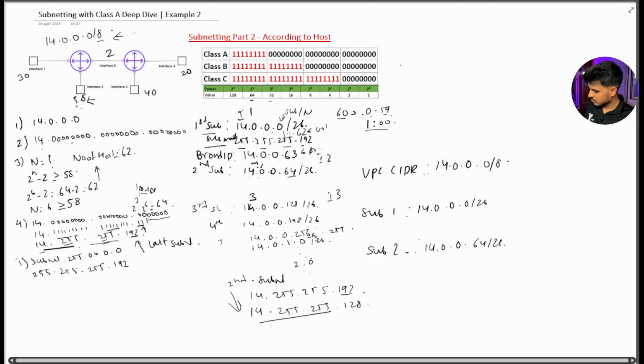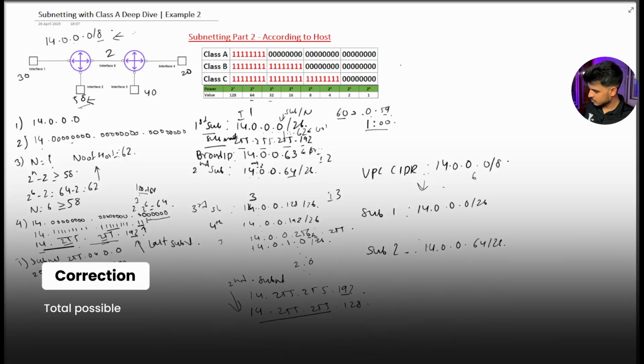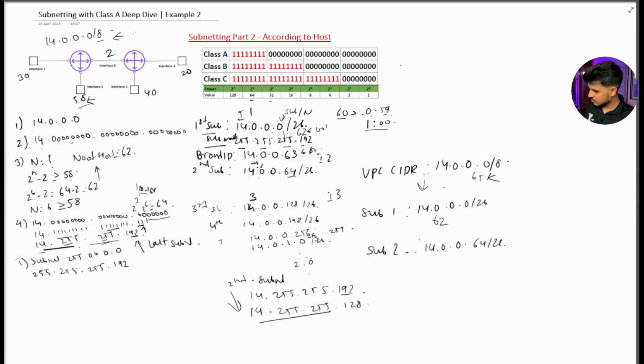If your requirement is that you want a minimum of 58 hosts within each subnet, you can go this way. In this scenario, the total hosts possible in this VPC will be around 65,000, but in the subnet, the maximum usable hosts will be around 62 only.